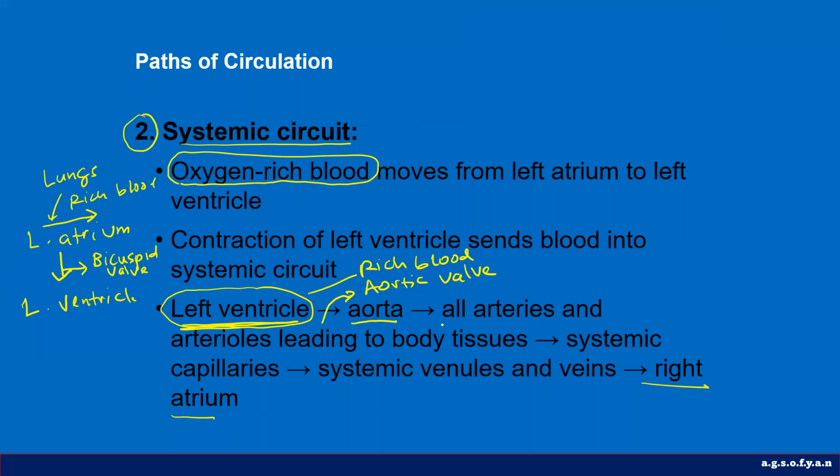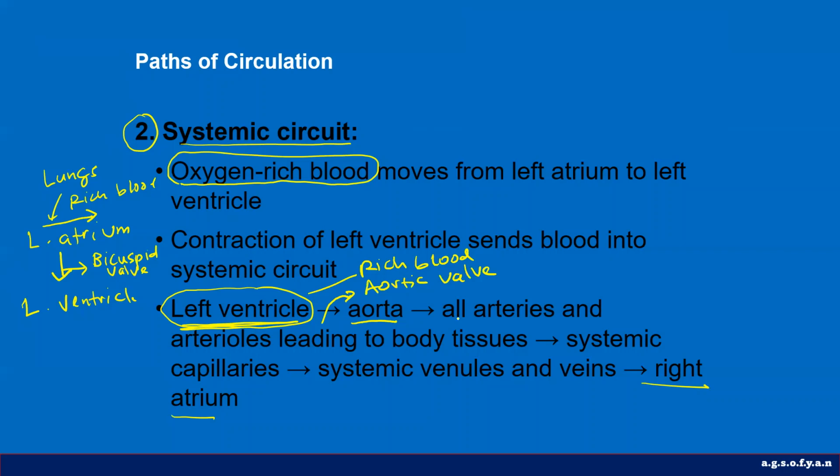The aorta will carry the rich blood, and then it will branch into many arteries. These arteries are named based on the organ that receives the blood. For example, there is the renal artery, which will carry blood to the kidney.